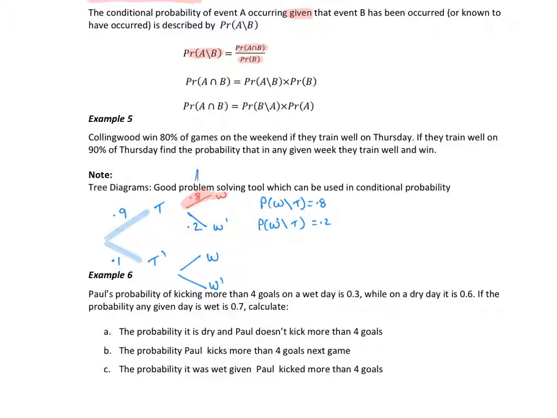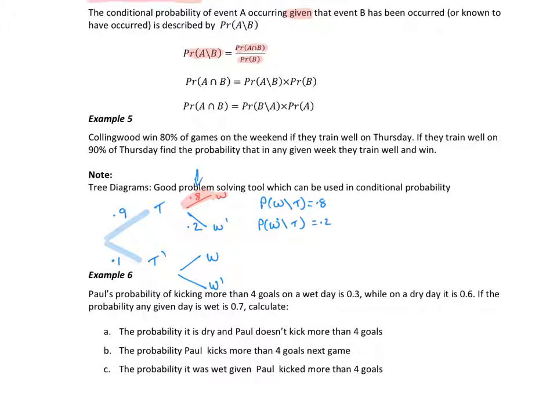So those probabilities on this branch of my tree diagram are dependent upon what happened on the previous step. So that 0.8 and 0.2 are conditional probabilities. It's dependent upon them training well, all right?